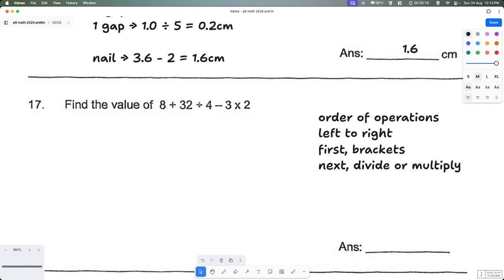Then last is subtract or add. So with this we can just see which one we do first from left to right. So 32 divided by 4. I highlight which one we do. So 8 plus 8, since 32 divided by 4 is 8, minus 3 times 2.